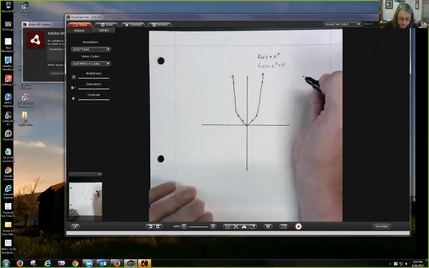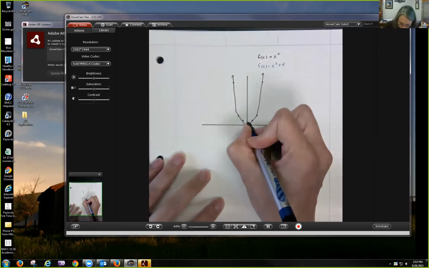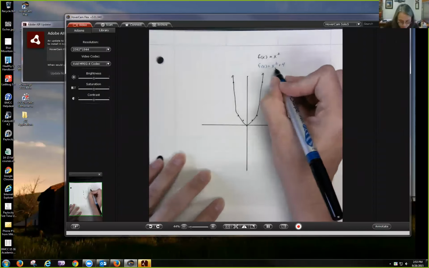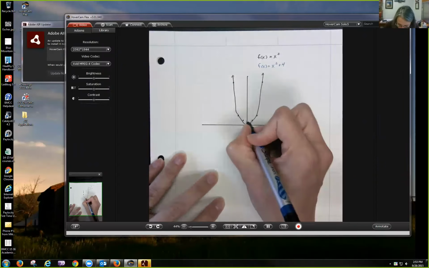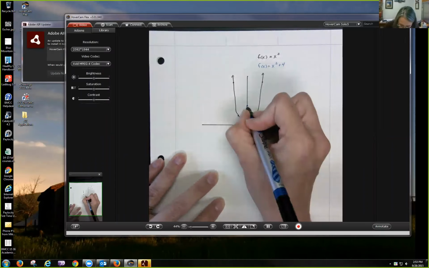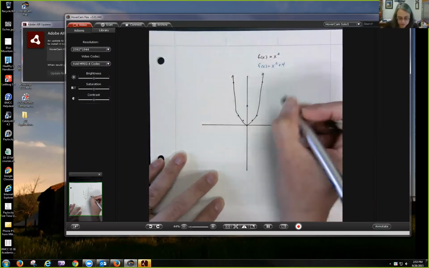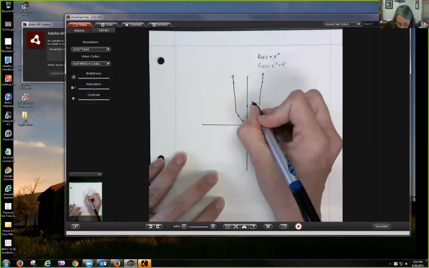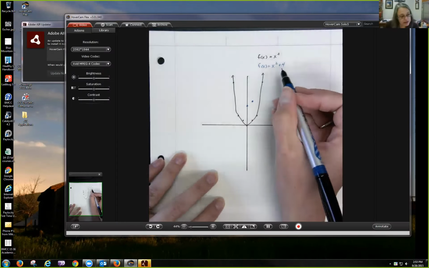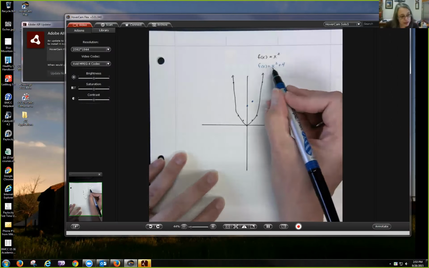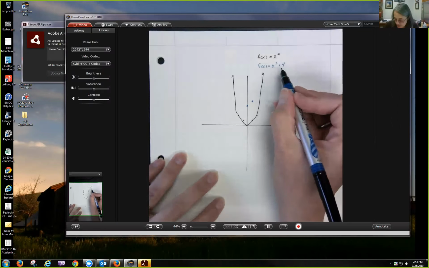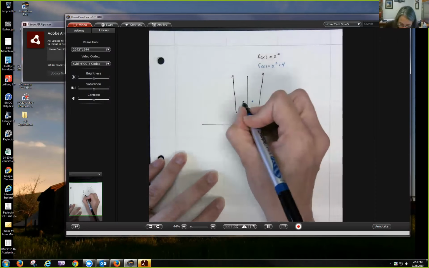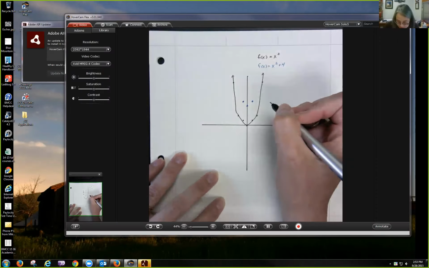Now, if I start plugging in points, if I plug in x is 0, then f of 0 will be 4. F of 1 will be 1 squared is 1 plus 4 is 5. F of negative 1 will be negative 1 squared is 1, plus 4 is 5, right?